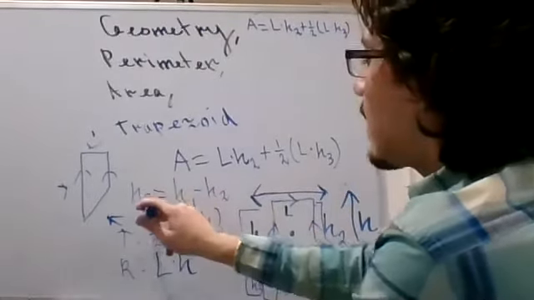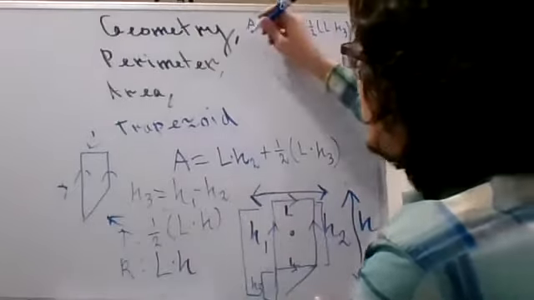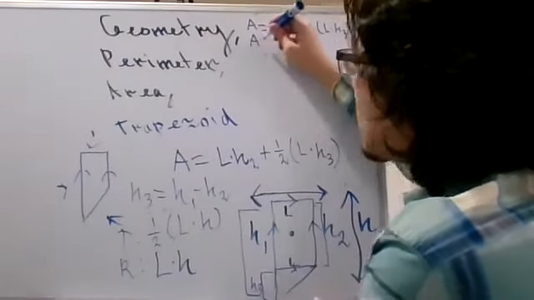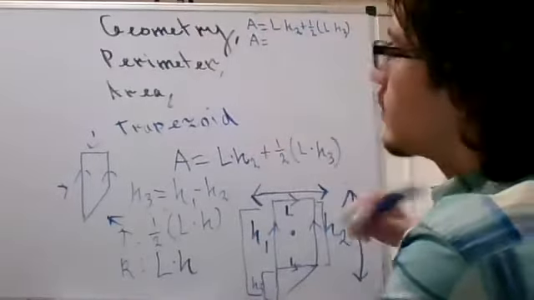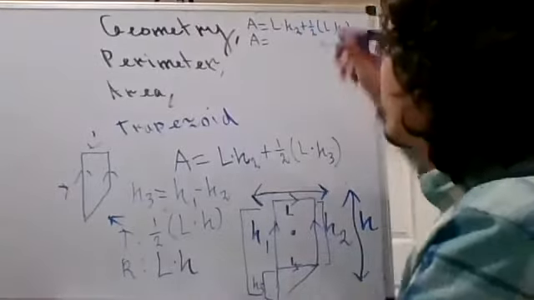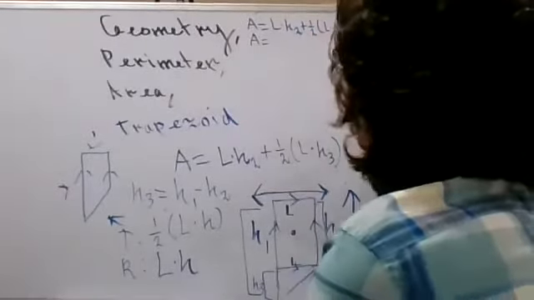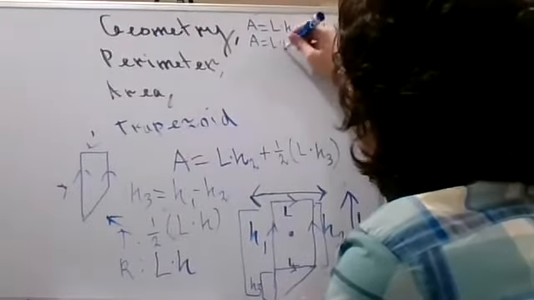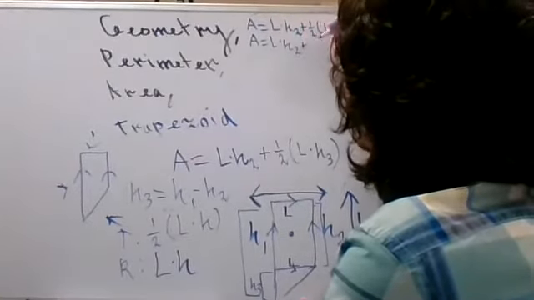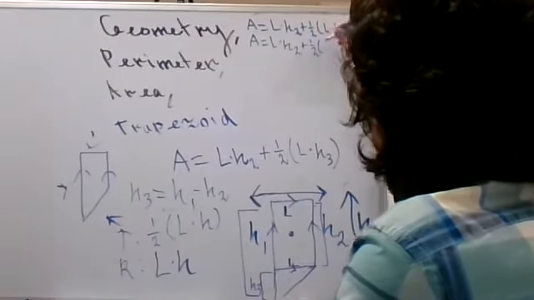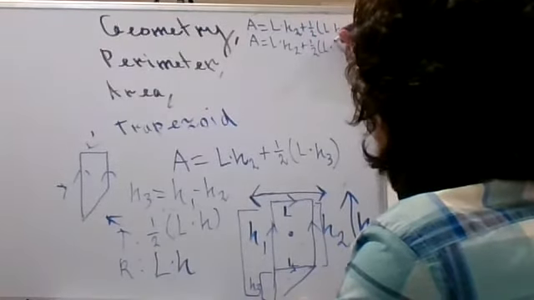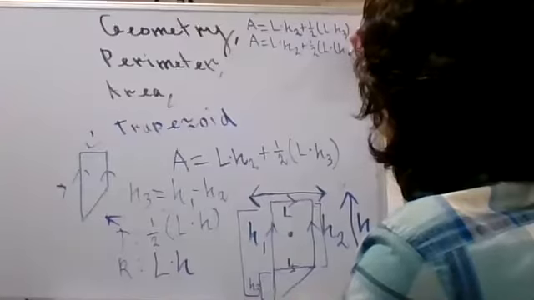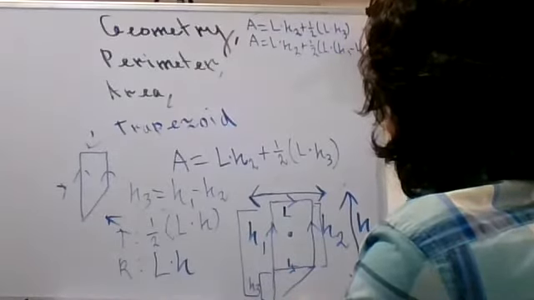Because we can see that height 3 is equal to height 1 minus height 2. By the way, you don't have to write notes for this, because we're just proving it. Because height 3 is equal to height 1 minus height 2, we can rewrite our equation as L times height 1 minus height 2.